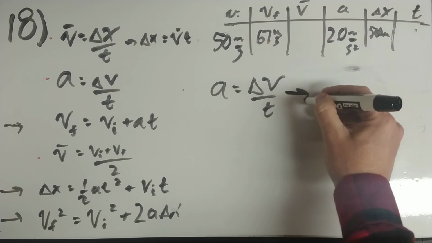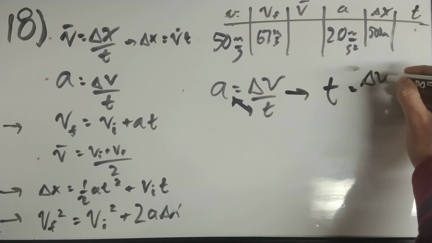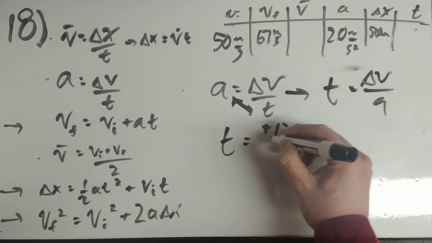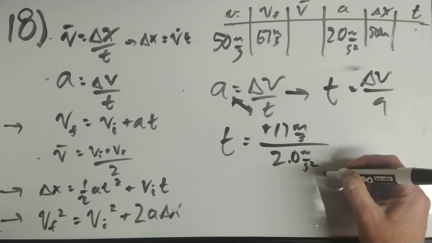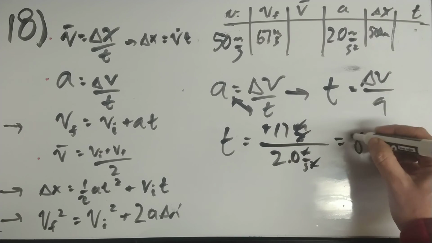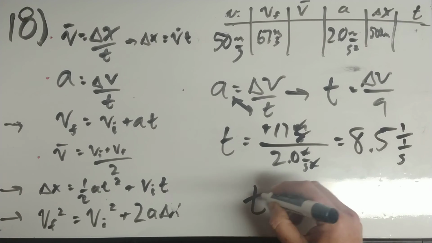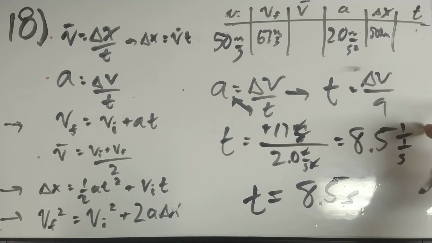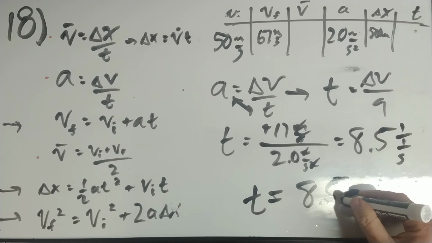So time equals delta v over a, which is 17 meters per second over 2.0 meters per second squared. Meters cancel, one of the seconds cancels. You get 8.5, 1 over seconds, and the seconds goes upstairs, so that's 8.5 seconds.